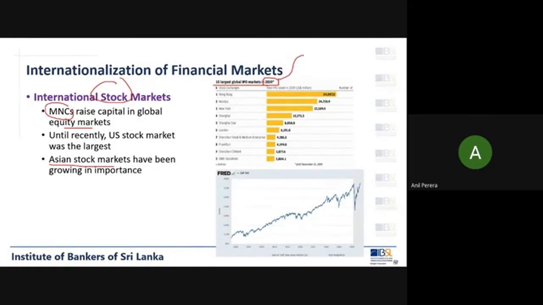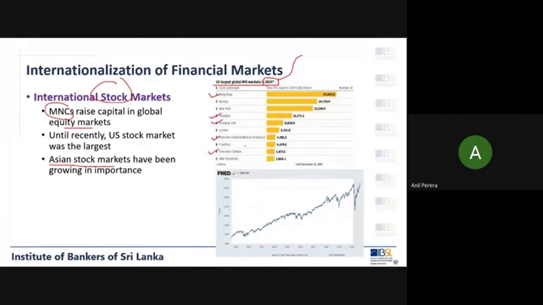So based on the IPOs of 2019, you can see most of the Asian stock markets are in the list. For example, Hong Kong, Shanghai, Shanghai Star, both these are Chinese stock markets. Shenzhen, that is also a Chinese stock market. Again, Shenzhen ChiNext, another Chinese stock exchange.